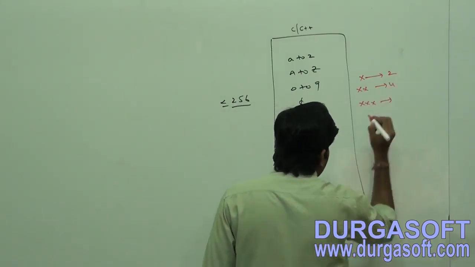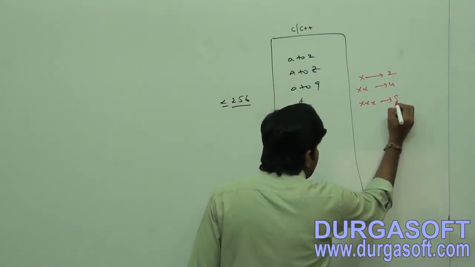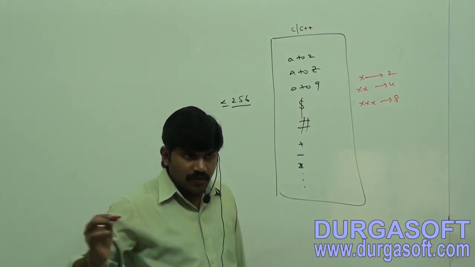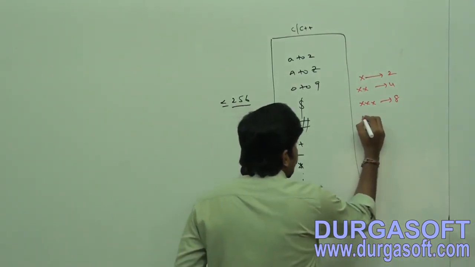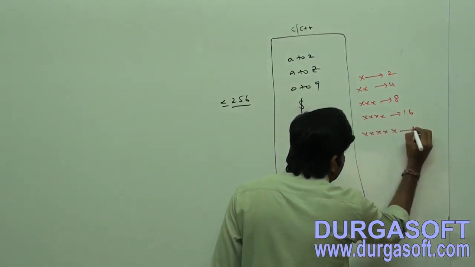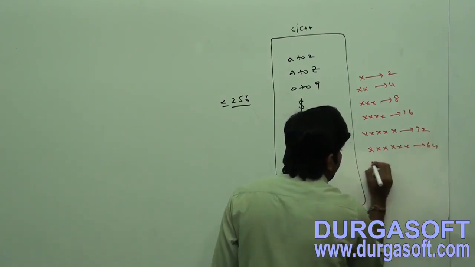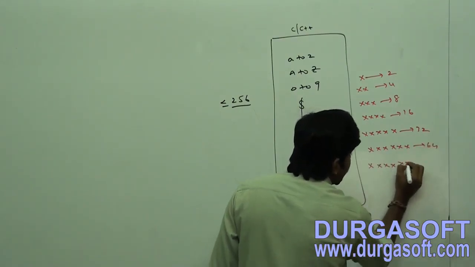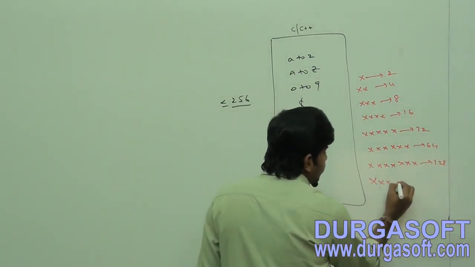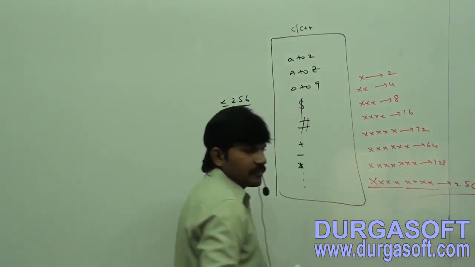Sir, I have 3 bits. 3 bits is 8 values: 000, 001, 010, 011 and so on. If I have 4 bits, 16. 5 bits, 32. 6 bits, 64. 7 bits, 128. 8 bits, 256, right? Are you getting?